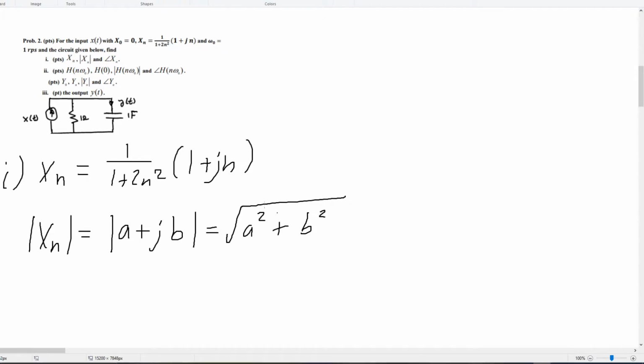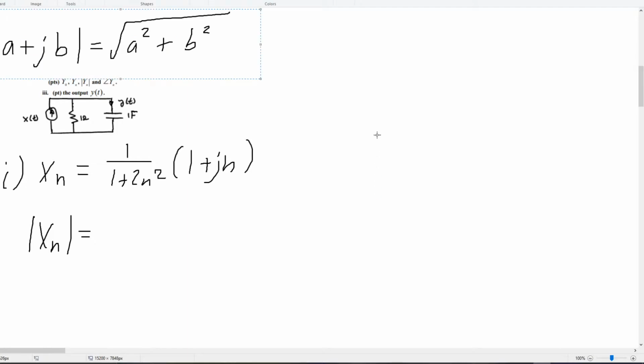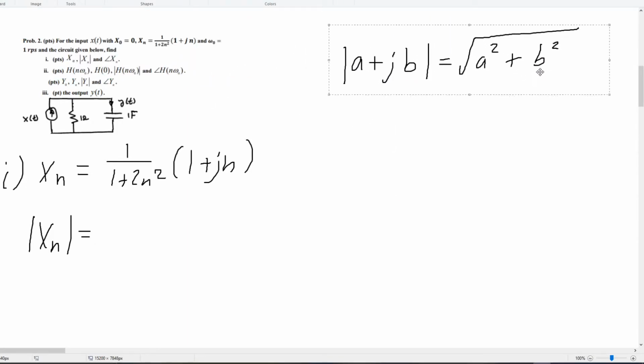Now let's take a look at this problem. Actually, let me try just moving this over. I'm gonna copy this and put it up here for now. There we go. And I'll write the magnitude of xn here.